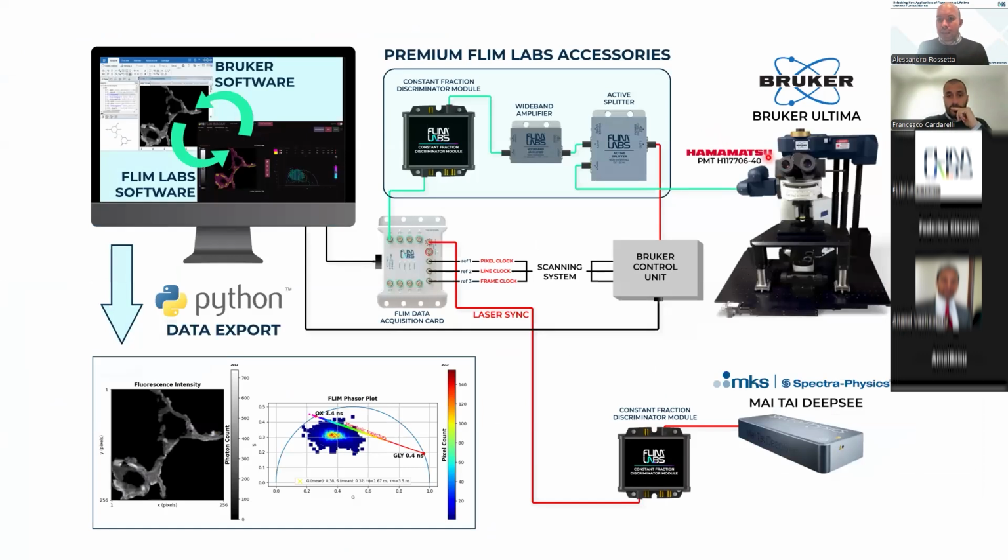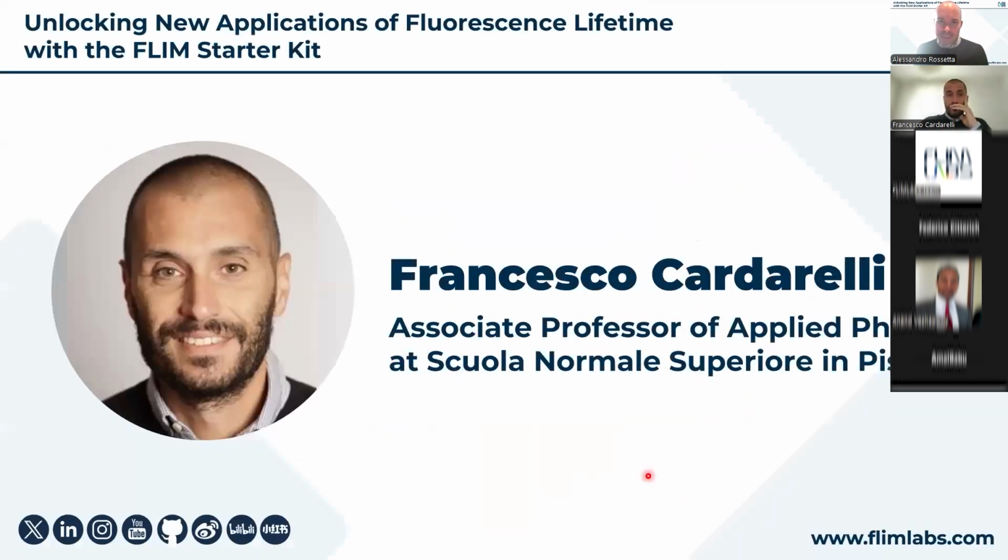In this type of upgrade, we are not using our detectors, not even our lasers, but we're using a PMT, which we digitize using some accessories. And we are using a 2-photon laser source, which we are able to digitize using our constant fraction discriminator. So the FLIM kit not only has to be conceived as a closed solution, but can also be adapted to other types of FLIM setups.